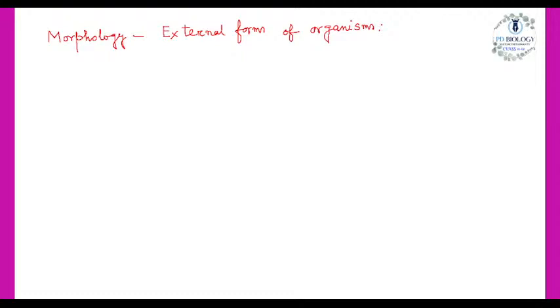A flowering plant in angiosperm has two parts. The underground part that we can say the root system, and the portion above the ground, that is shoot system.